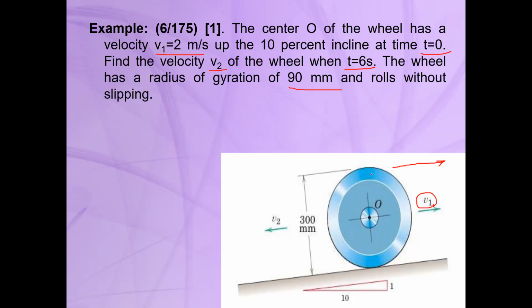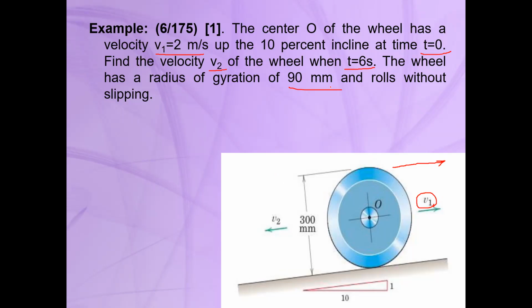The acceleration will be negative in this case. When the acceleration is negative, it means V1 will decrease, and after a while this wheel will stop and then start to move in the downward direction, and we should calculate the acceleration during this motion.